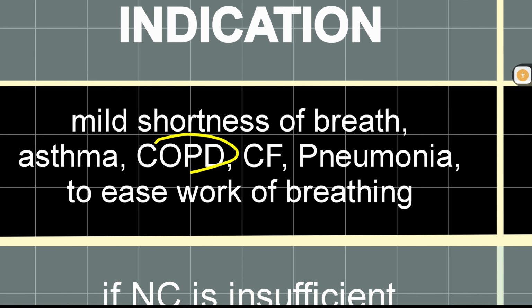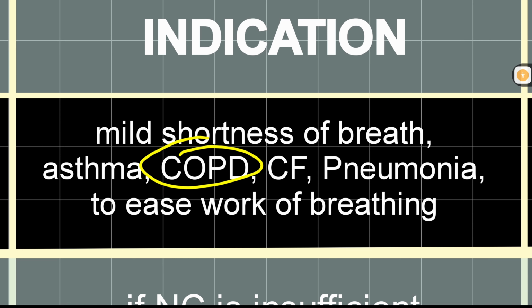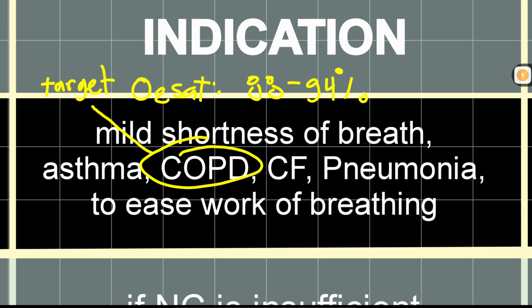And like I said, be mindful whenever you are starting O2 therapy on a COPD patient, kasi normally may target tayo dyan. Target O2 sat. Normally, based on my experience, 88 to 94, or for other doctors, 88 to 92. Okay? So why is this?